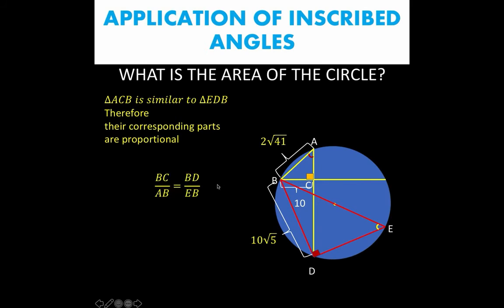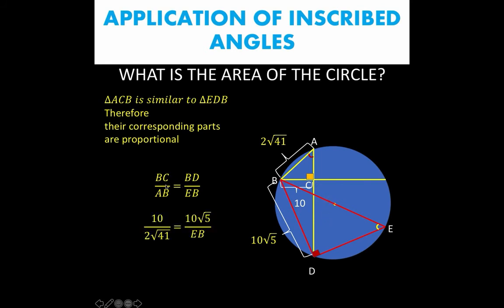And so we can now form this proportion. The ratio of side BC to side BA is equal to the ratio of the corresponding parts, side BD to side BE. Notice that both AB and EB are the hypotenuse of the respective triangles, and BC and BD are the corresponding legs of these two similar right triangles.